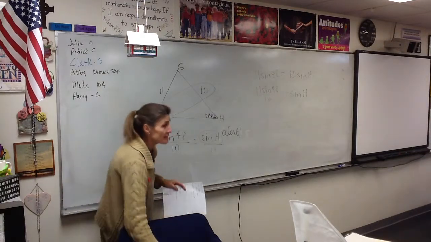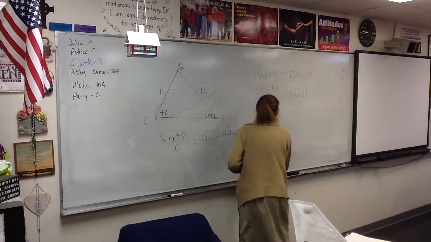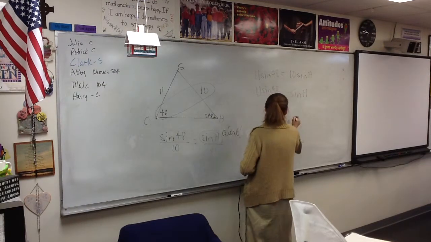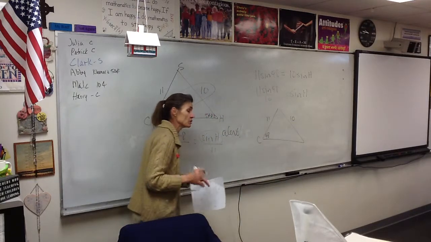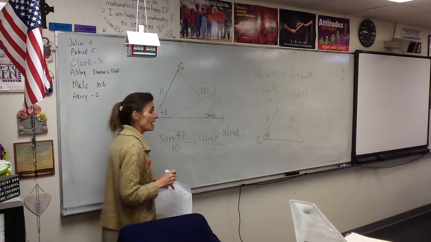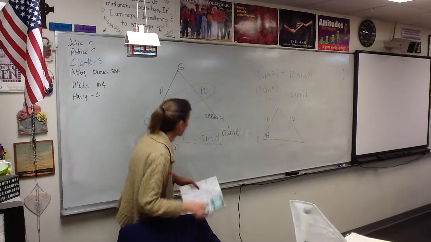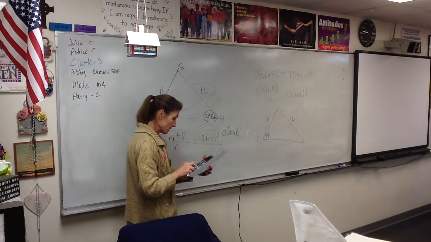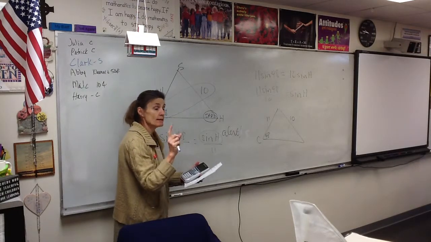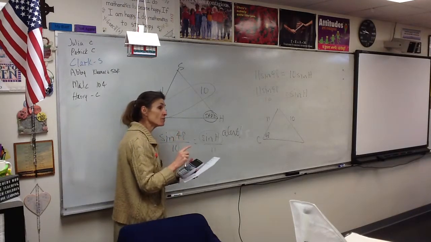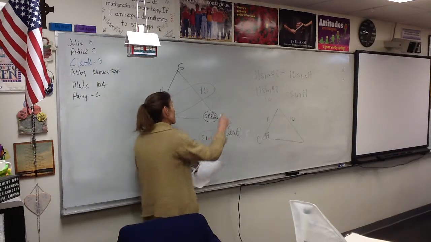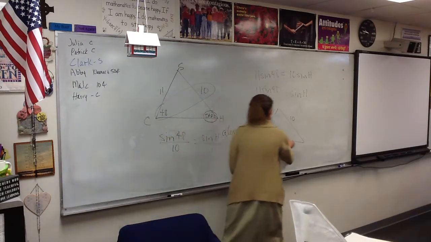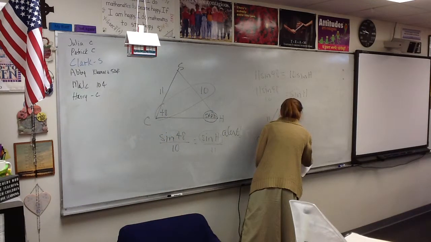As soon as I get that, I step over to the side and I redraw my triangle exactly from the given, just like the given. And then I say to myself, okay, one answer is 54.83. The other answer, if there is another answer, will always be 180 minus that. So that would be 125.17.